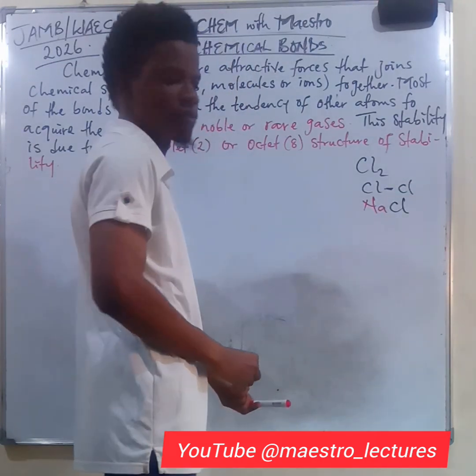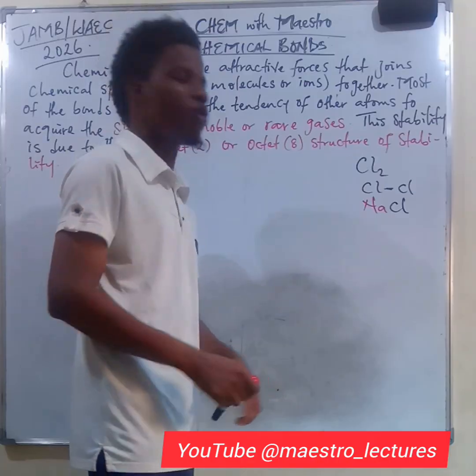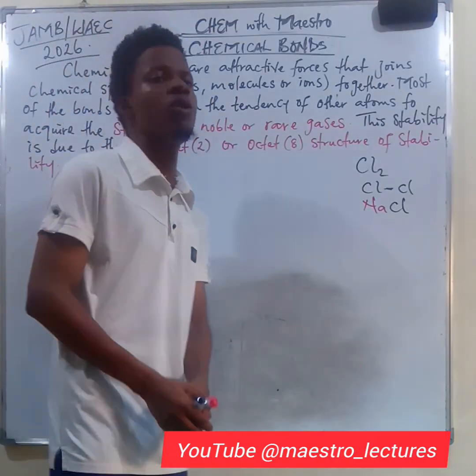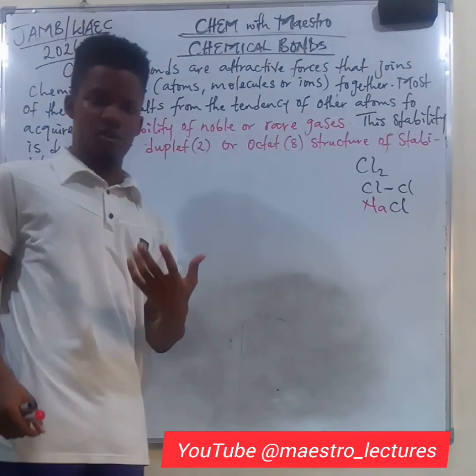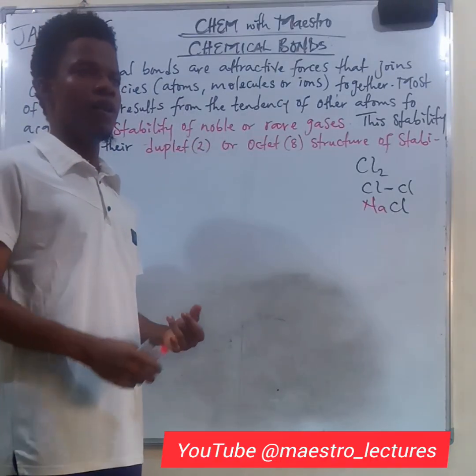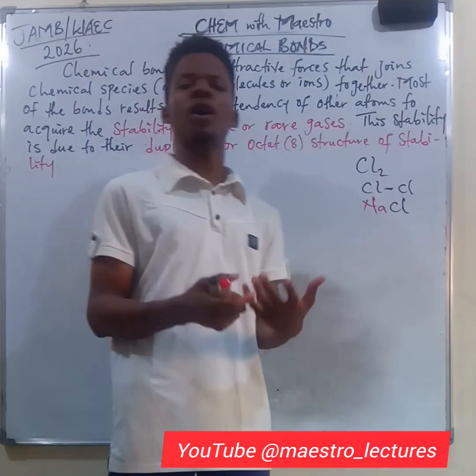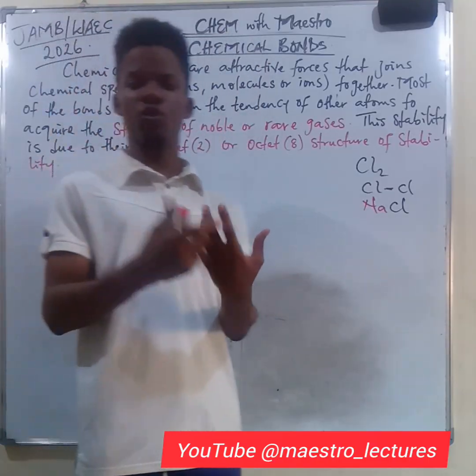Why? Now, the reason is because of stability. That is just the issue of stability. So, chemical bond results as a condition whereby two atoms that are not stable want to be stable, and in order for them to be stable, they need to come together to form a chemical bond.